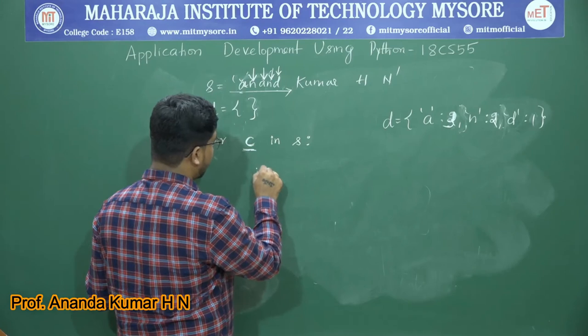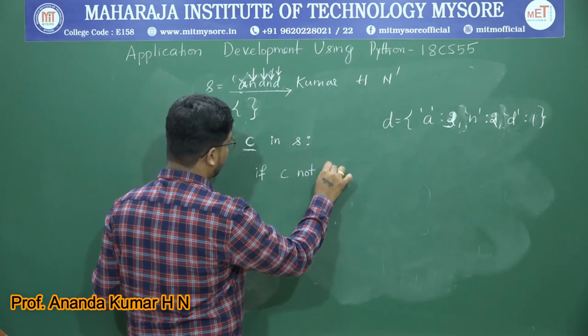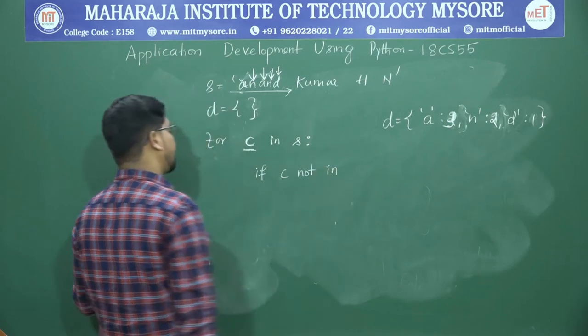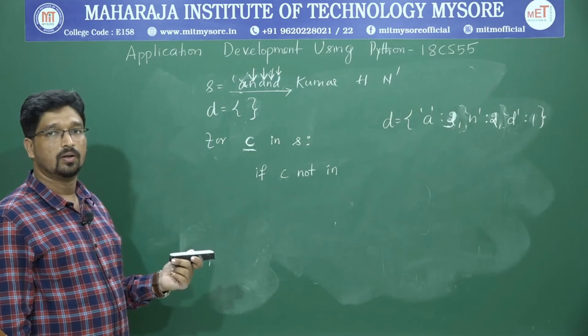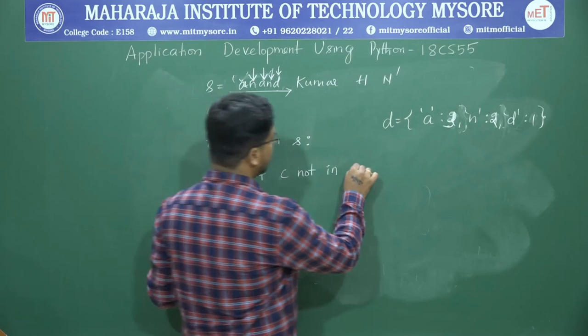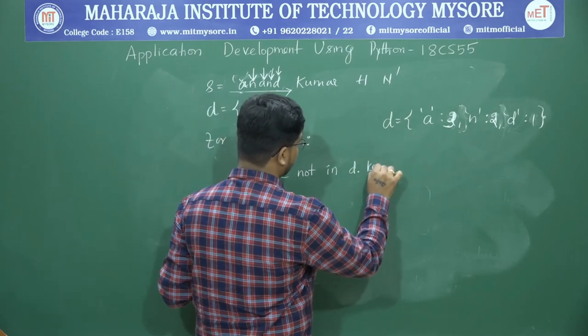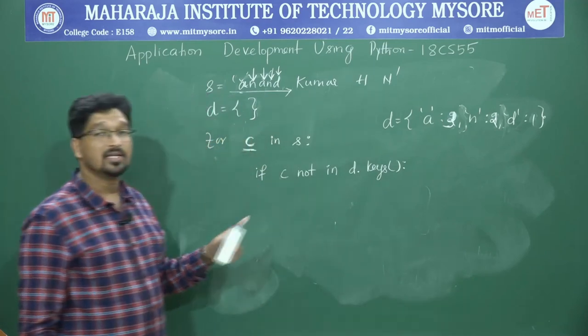Then I will write one if condition: if c not in d dot keys. I will check whether it does not exist.